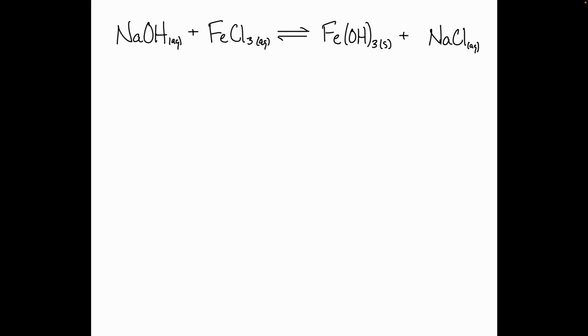Okay, so another precipitation reaction, but this time with sodium hydroxide and iron 3 chloride. We're going to combine 2.3 molar NaOH and 1.5 molar iron 3 chloride.